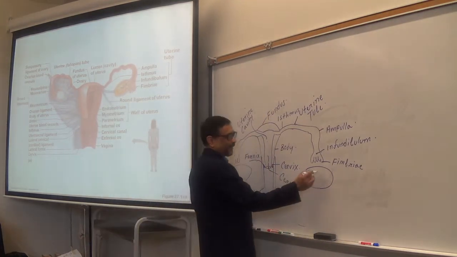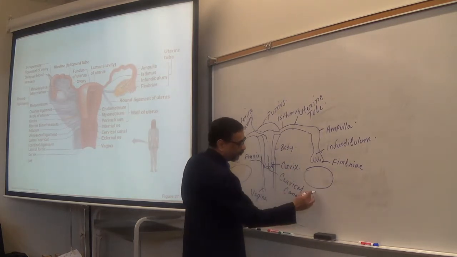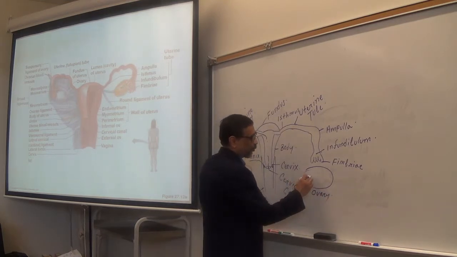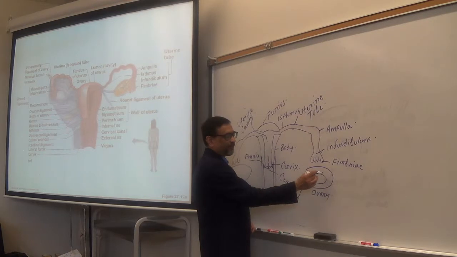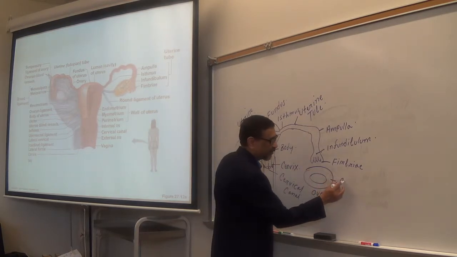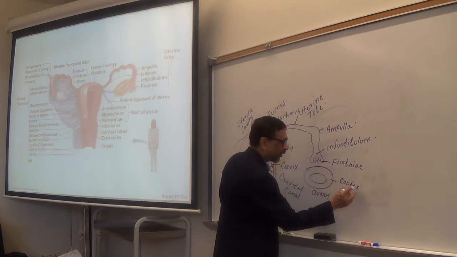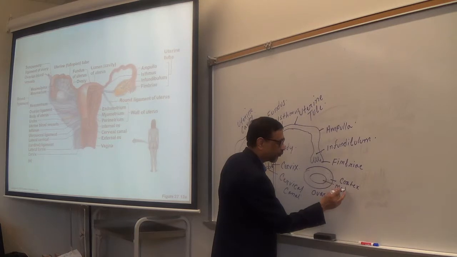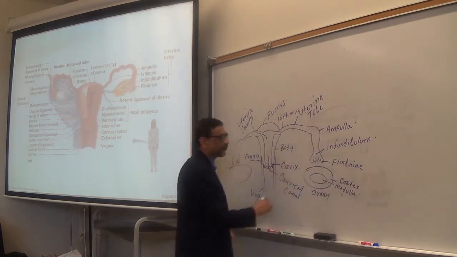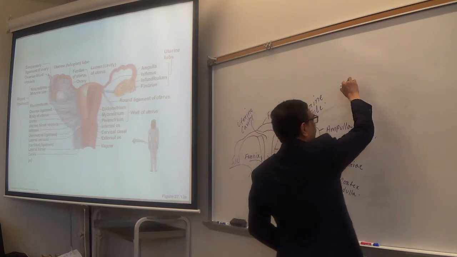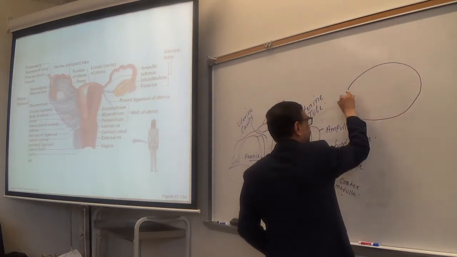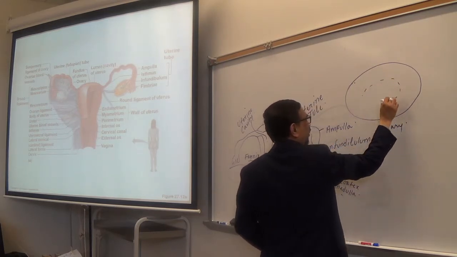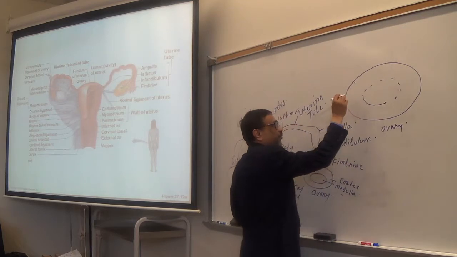Now we'll see the ovary. The ovary has the outer part, which is called the cortex, and the inner part is called the medulla. Now if I see the ovary here, in the outer cortex you have the follicles.